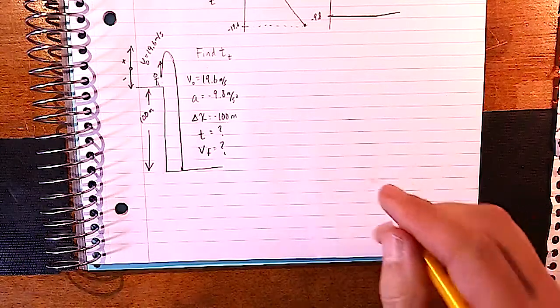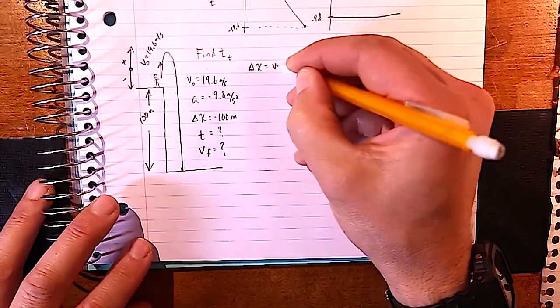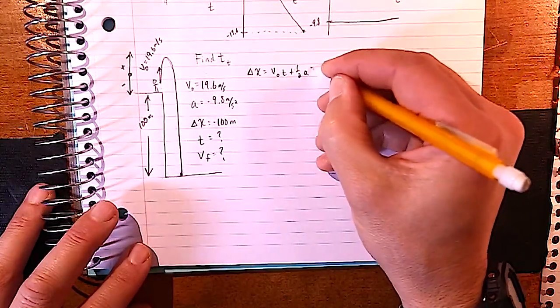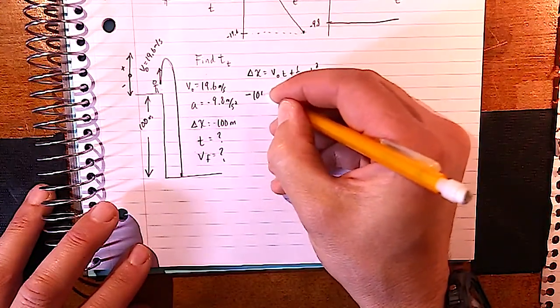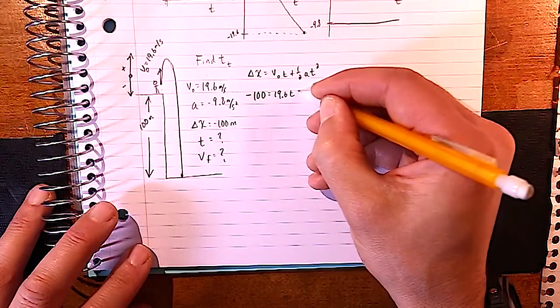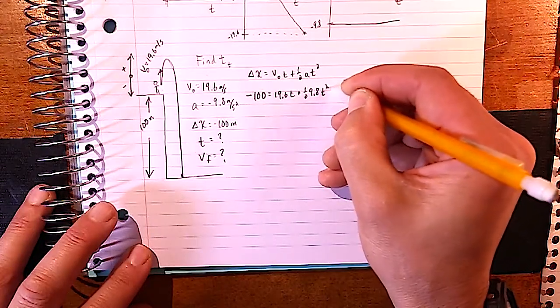So we could do this like this. Delta x equals v naught t plus 1/2 at squared. But you'll see there's a problem. We have negative 100 equals 19.6 times t plus 1/2 times negative 9.8 times t squared.